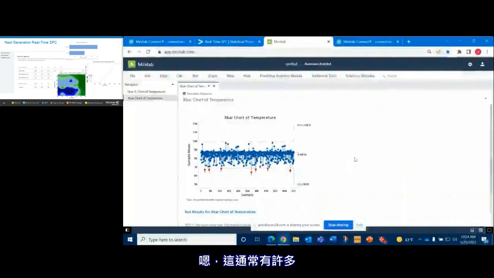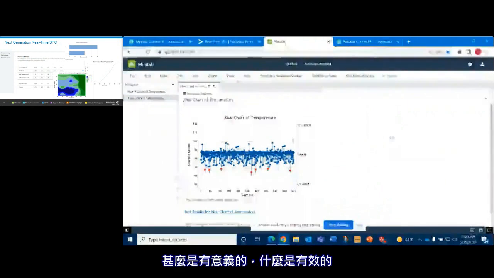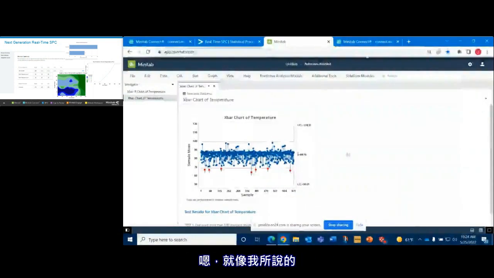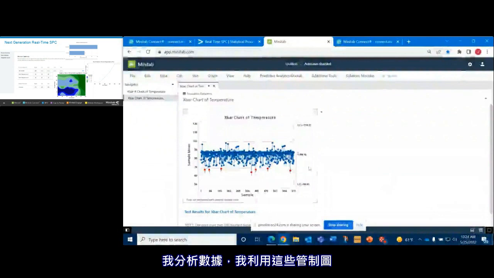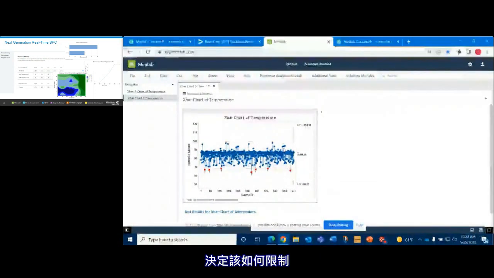But there's usually more of a, I don't say thoughtful analysis, but it is where I'm doing things, I'm trying things, I'm looking to see what makes sense, what works. Maybe I'm looking at a bunch of graphs first. But here's where, like I said, when we think about control charts within Minitab, I'm analyzing the data. I'm using the control charts myself, deciding how the limits should be set, investigating the configuration of that chart.